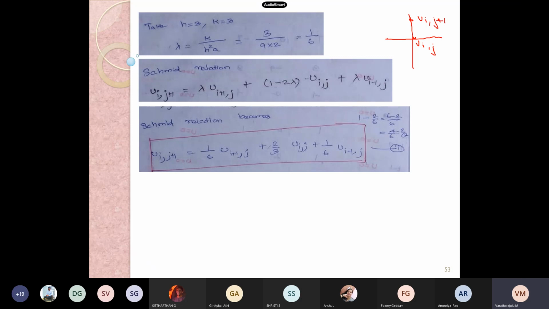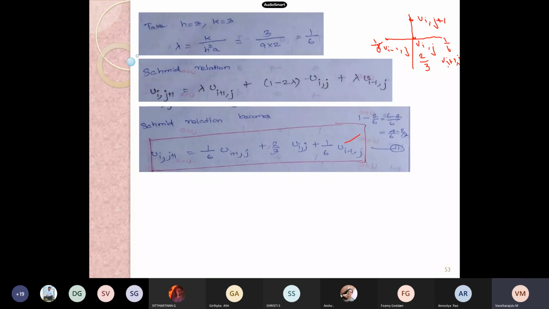Here the formula says 1 by 6 into u(i-1, j), 2 by 3 of this particular point, and similarly on the right side 1 by 6 of u(i+1, j).